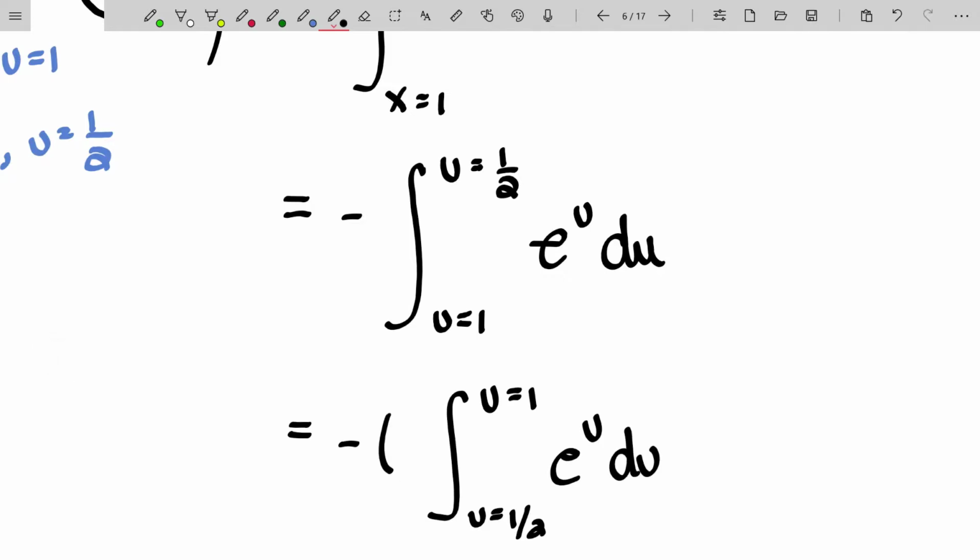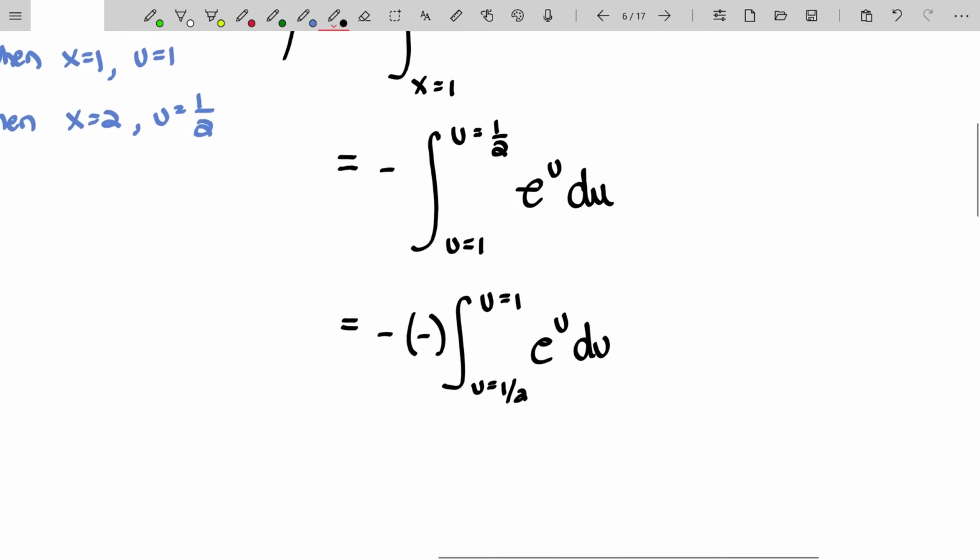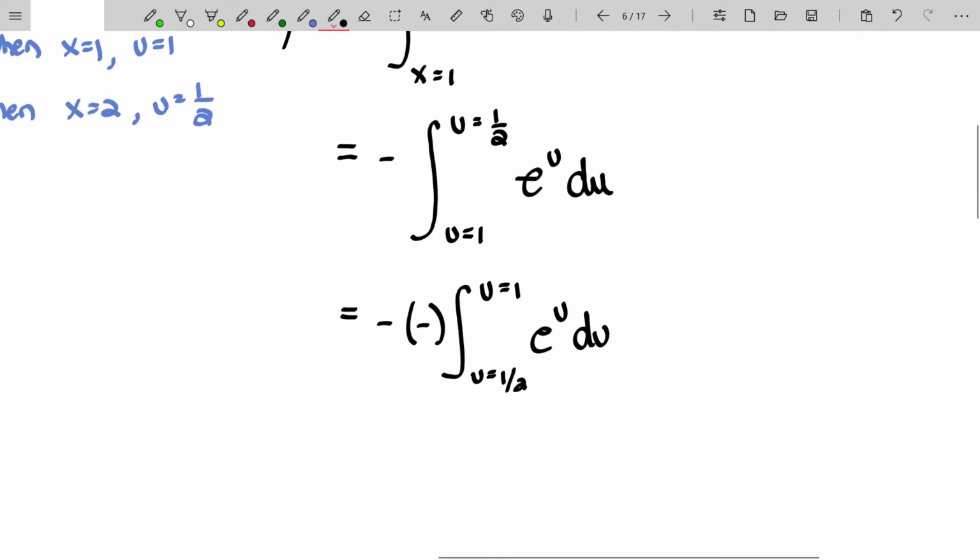So we had a minus sign already, another minus sign will pop out, because that's what happens when you flip limits of an integral. You remove a negative from the situation. Or you could have just said, when I flip those limits, this negative will bleed into this integral and disappear. Your choice. I don't really care. It is actually true. So in the end, you get something like this.